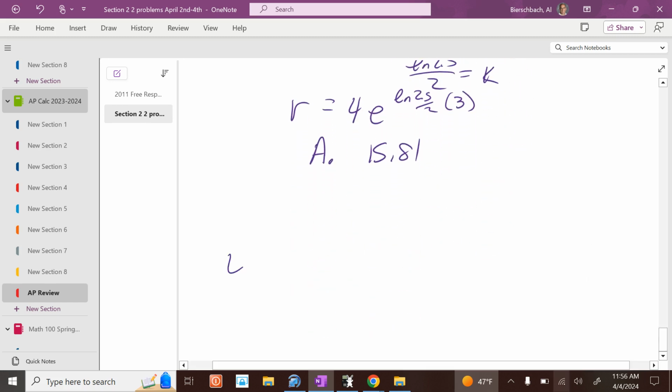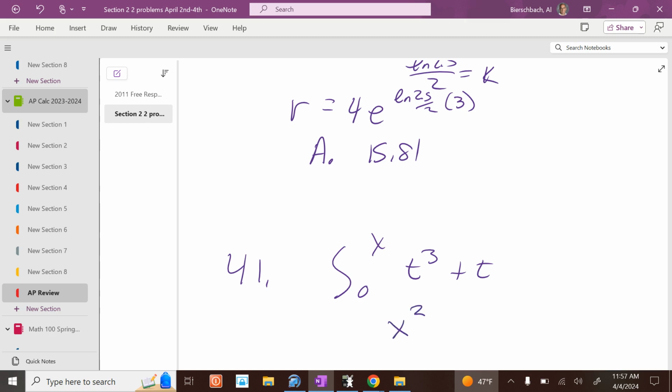All right, 41. Suppose that equals that. Find first derivative at 5. So integral 0 to x of t to the third plus t. Again, we're talking about the first derivative. So the integral of the function. So if we put in x for t, we get x cubed plus x.